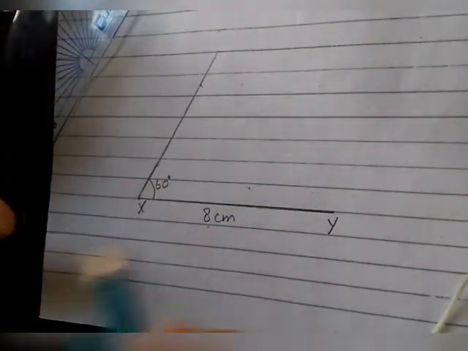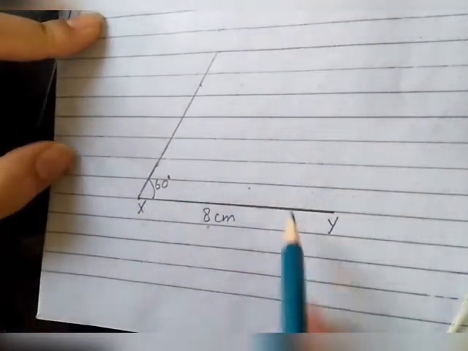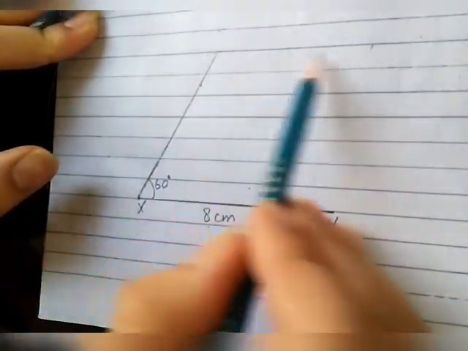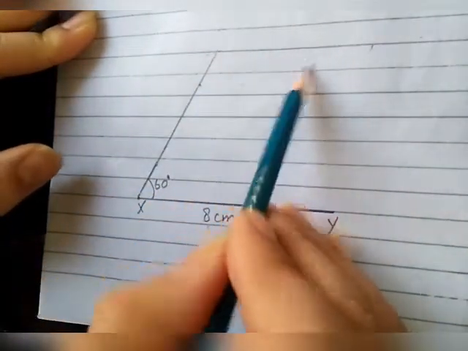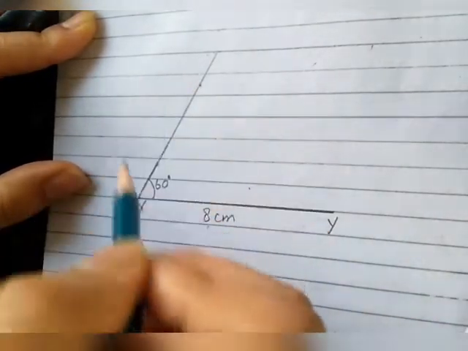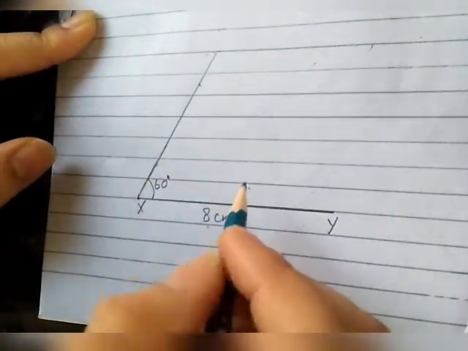Now it is given in the question that XY is parallel to WZ. So here would be the points of WZ, but before marking the length of WZ, we take the length of XW, that is 4.5 centimeters.